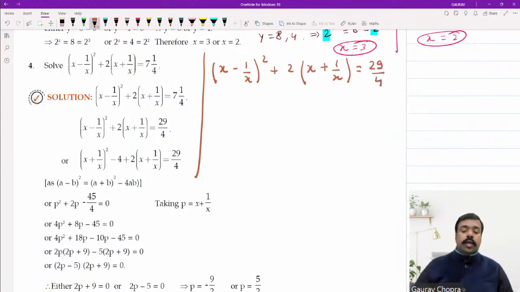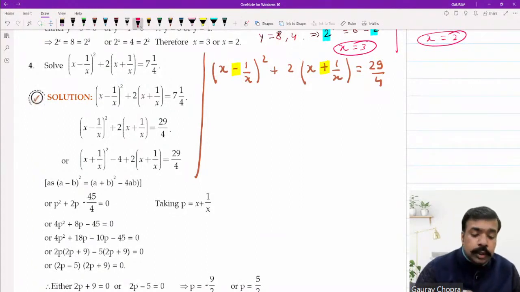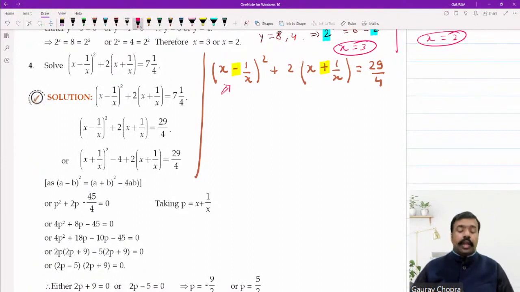Now what is the problem with us? In the first part the sign is negative and in the second part the sign is positive. So these two signs are different. If we want to make this also positive, then what do I have to do? I have to add the middle portion and subtract the middle portion, just as we did above with 4 alpha beta.